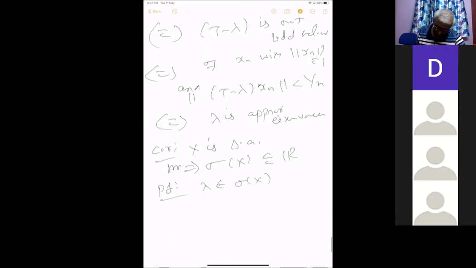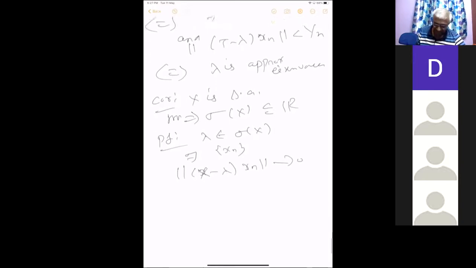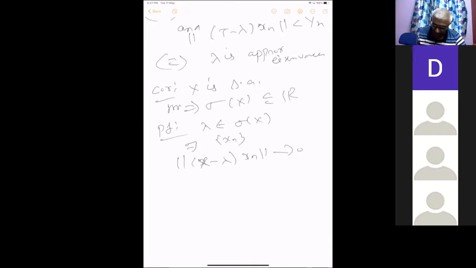Then lambda is an approximate eigenvalue. So there exists x_n such that norm of (X minus lambda) x_n goes to 0.